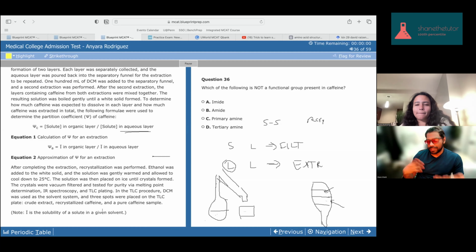The melting point is also the same point as the freezing point. So if solutes cause the freezing point to go down, it means that it causes the melting point to go down. So the more pure it gets, the higher the melting point will be. The more pure, the higher the melting point, not the lower.